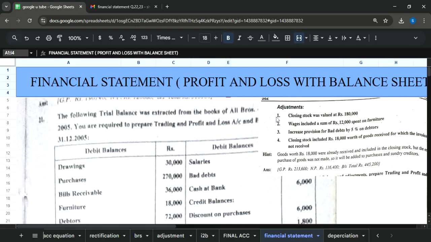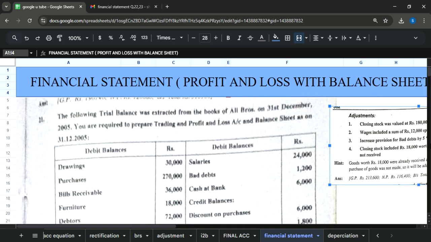After which we can take this little aside, and we are now going to adjust these elements of the trial balance in our question. So first is drawings.